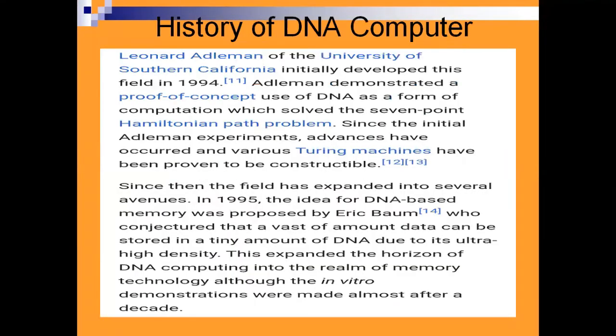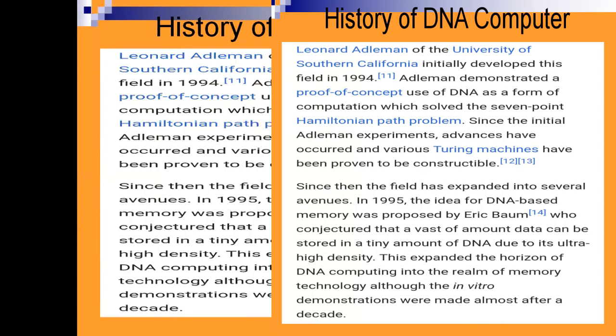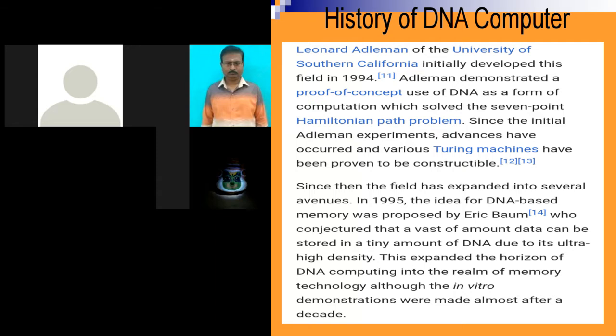Then if you see the history of DNA computer development, already we know that Leonard Adleman of the University of Southern California in the USA solved the 7-point Hamiltonian path problem by computation.